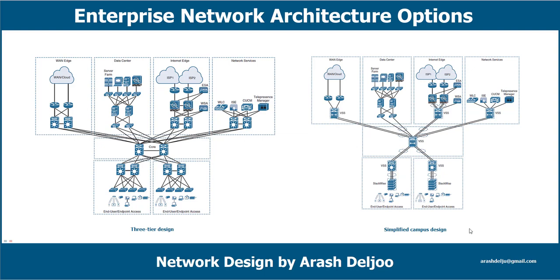But in the simplified campus design, we have a lower number of logical switches and links. As you can see, the maintenance and troubleshooting of this network is easier than the 3-tier design. Because of that, if we have the option of using VSS and StackWise technologies, it is recommended to use them.